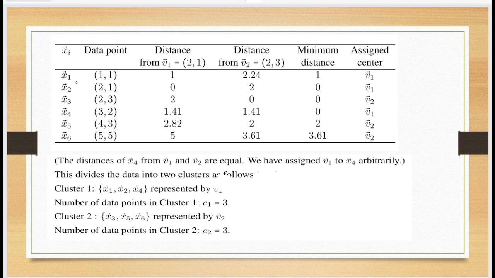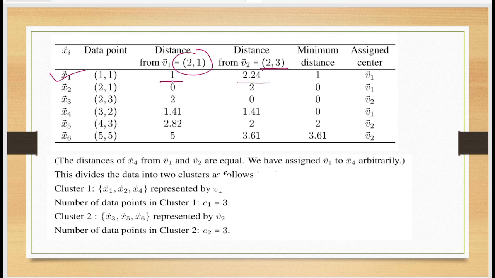For the point x1, which is (1, 1), the distance from centroid (2, 1) is 1. Similarly, the distance of (1, 1) from the point (2, 3) is 2.24.